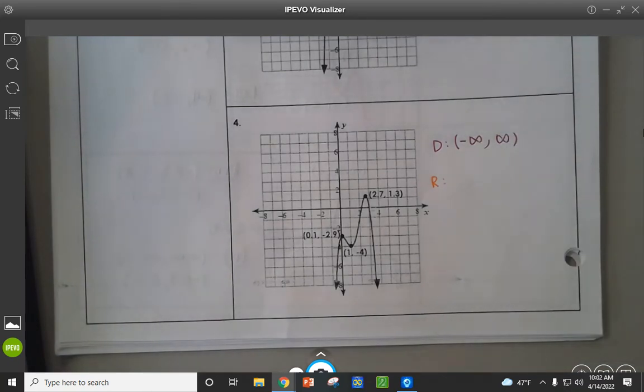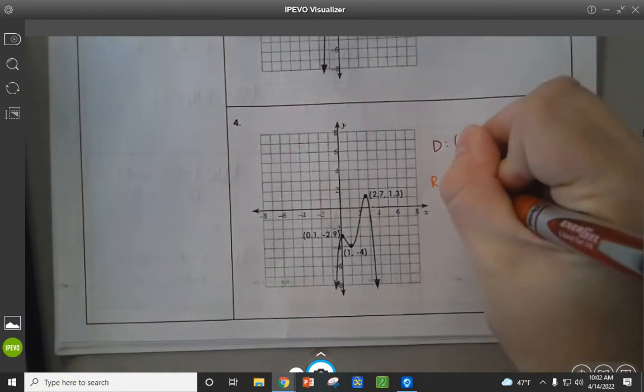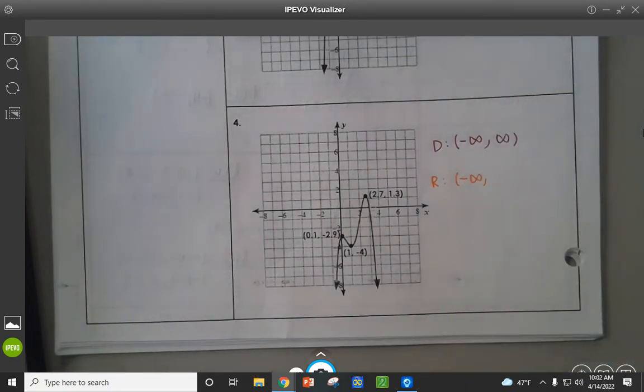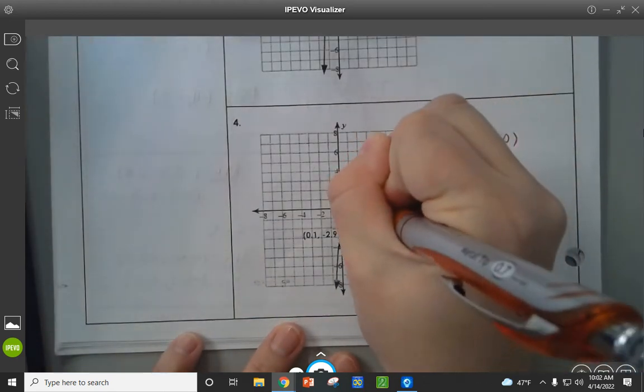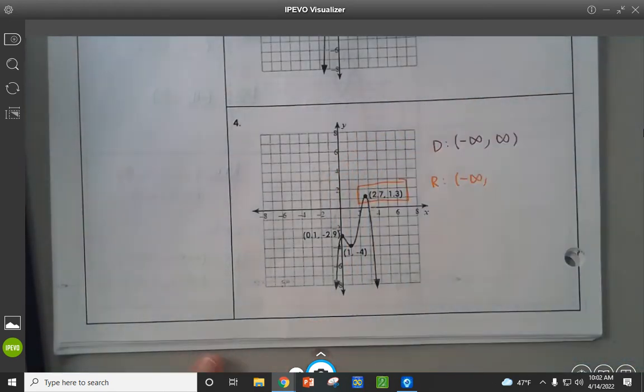Turn your paper sideways and draw an 8. Is there an arrow on the bottom? Yes. Yep, negative infinity. Is there an arrow on the top? No. So look for the highest point on the top, which is this one right here.